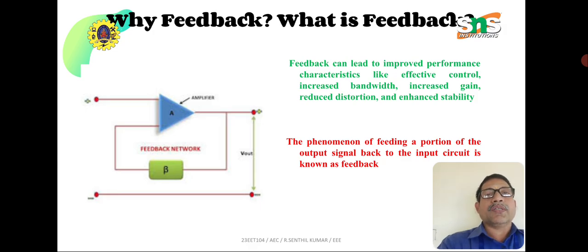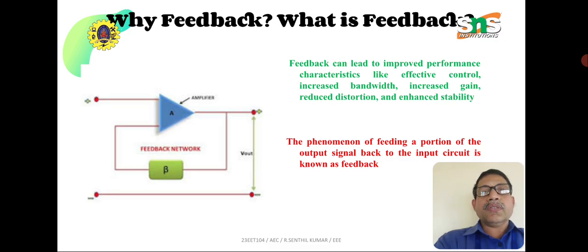Why is the feedback required? On the left hand side, a triangle represents the amplifier, where the amplifier gain is written as A, whereas the another green colored box represents beta, which means the feedback gain.